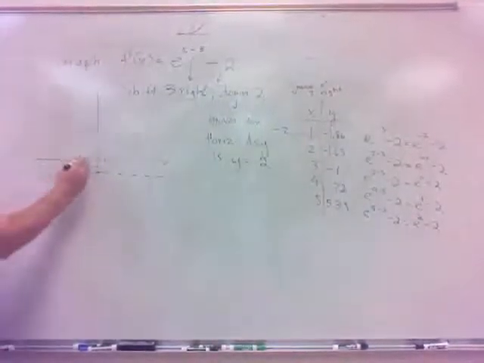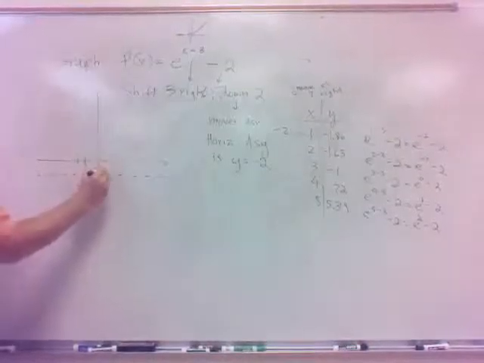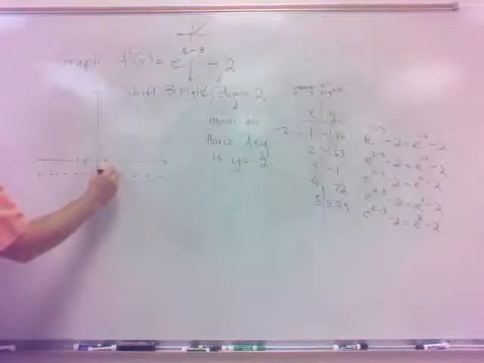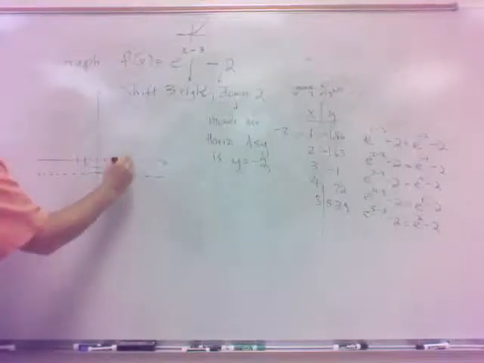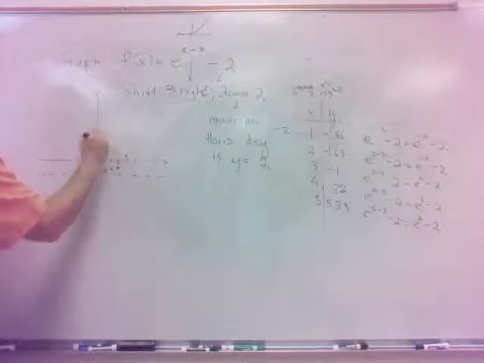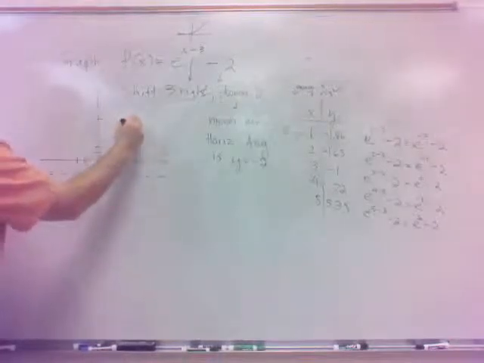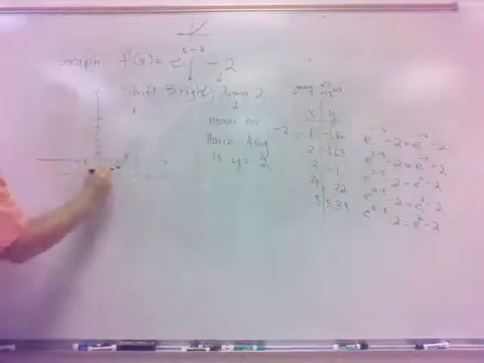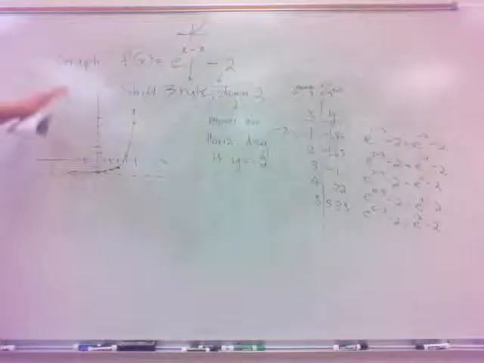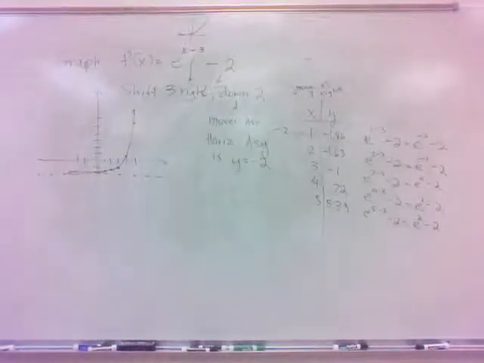Okay, so graphing those, 1, negative 1.86. 2 is negative 1.63. 3, I'm at negative 1. 4, I'm at 0.72, and 5, I'm at 5.39. Yeah, and so there's our horizontal asymptote, like we said, at -2. Okay? All right. So as far as graphing, that's the basics of it.